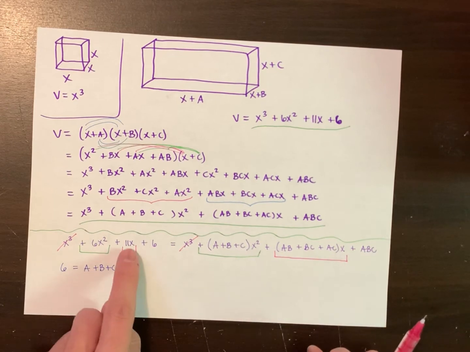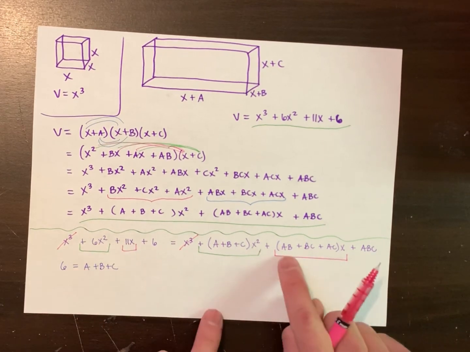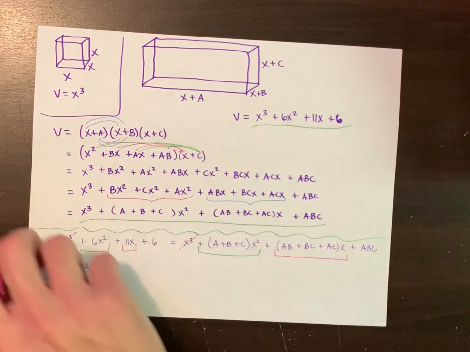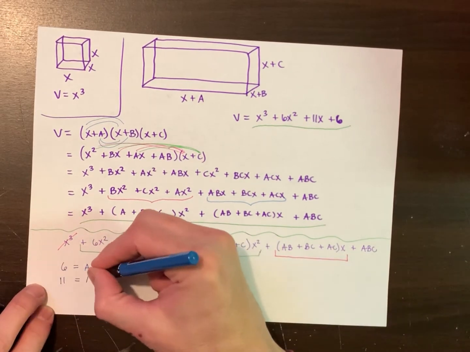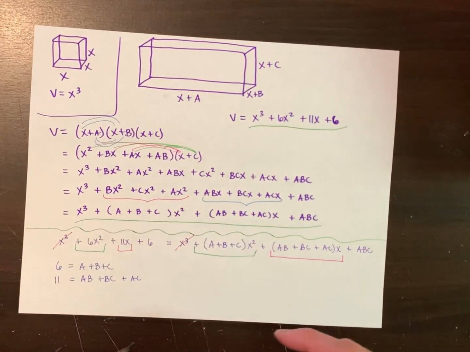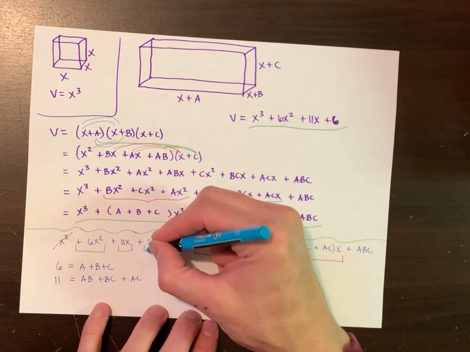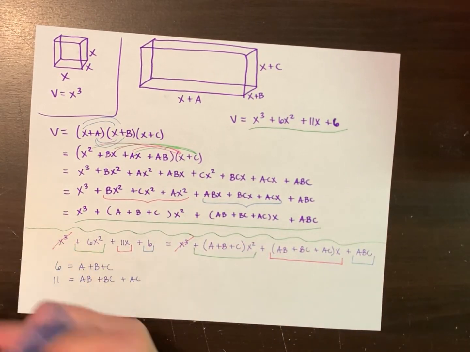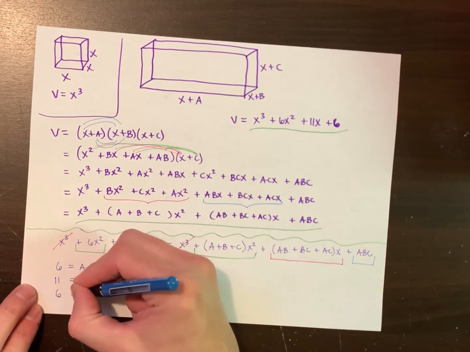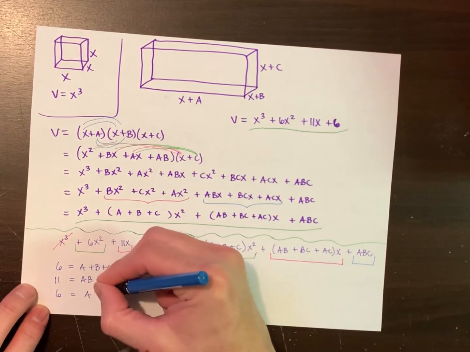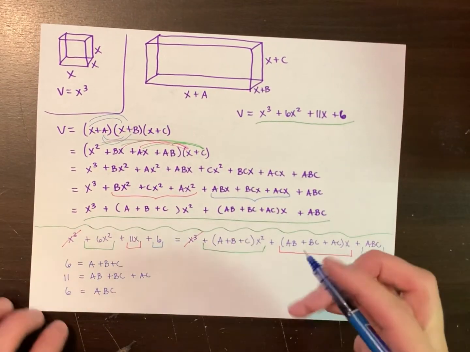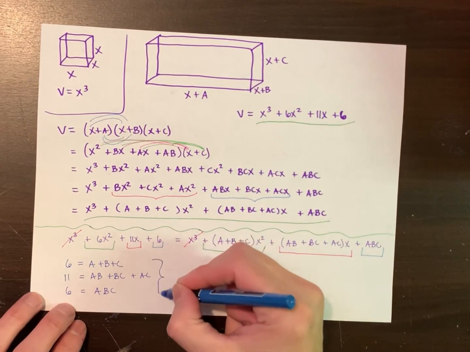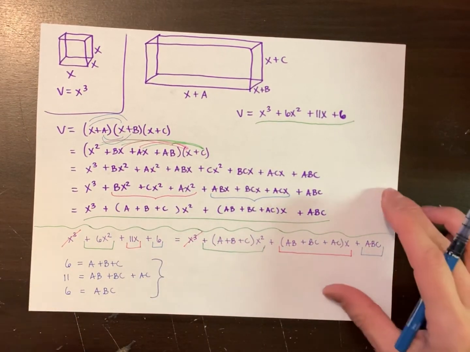And that means that 11 has to equal all of that. And of course, finally, this means that 6 has to equal A, B, C. So we can say that 6 has to equal A times B times C. We have just created what they call a system of equations.